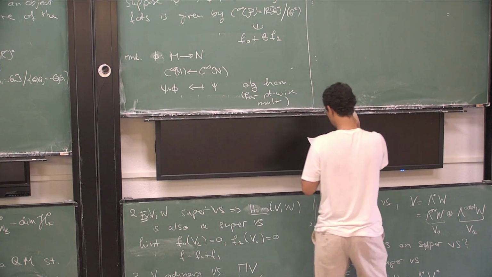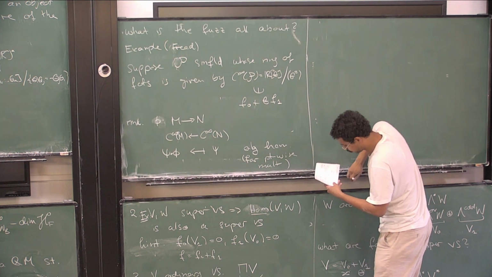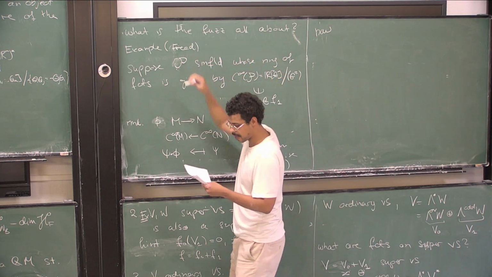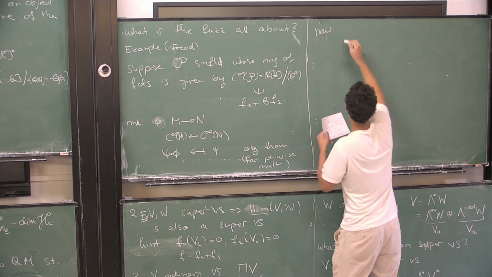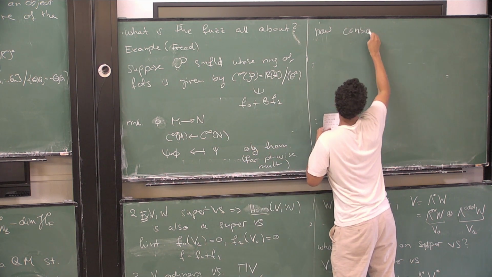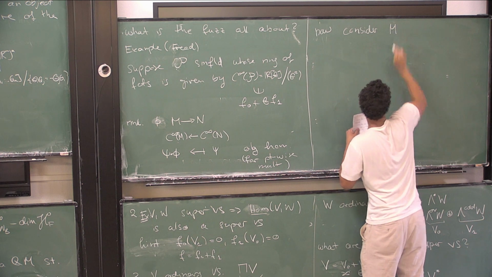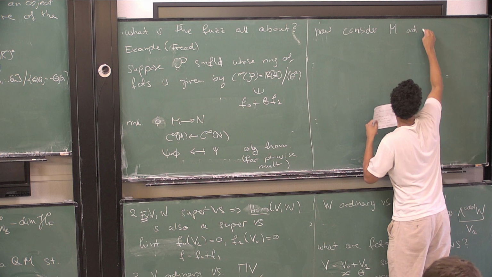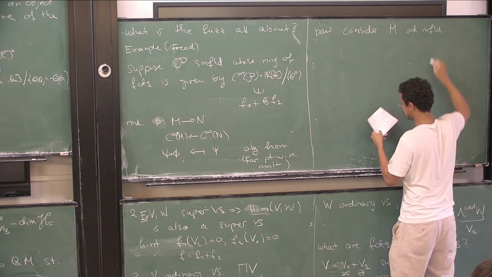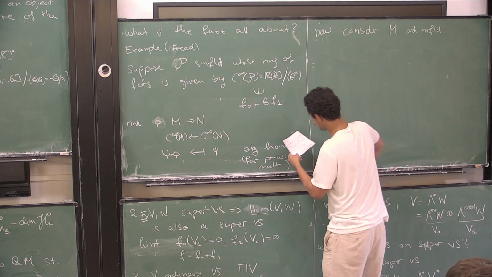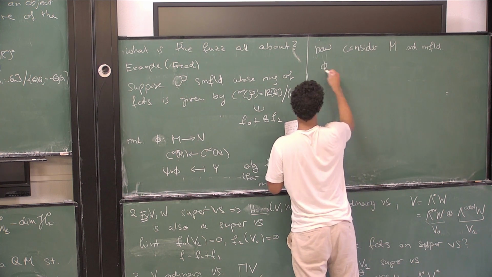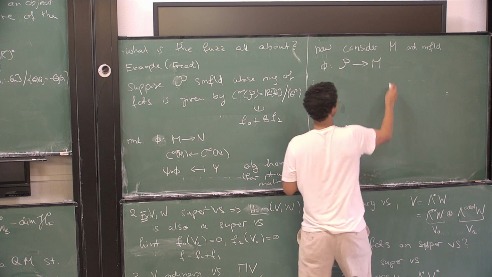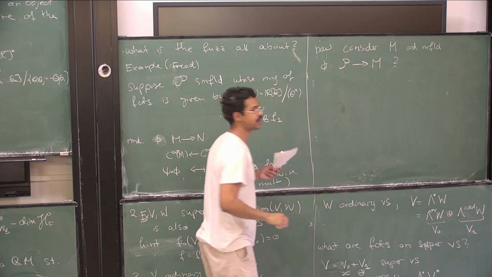Okay. So, good. Now, we want to study this P by mapping out of it, okay? So now consider M a usual manifold, like an ordinary manifold. Let's see if we can describe a map here.